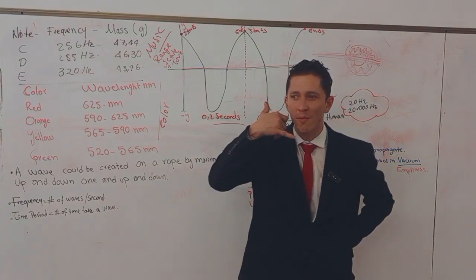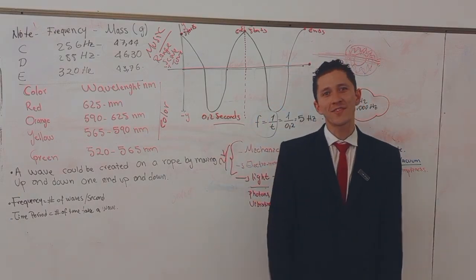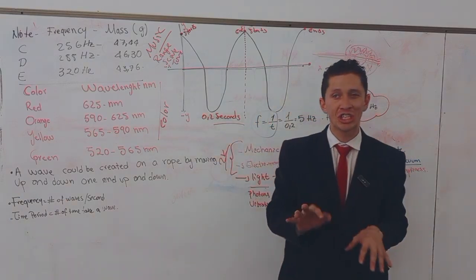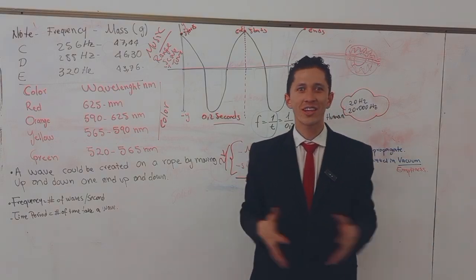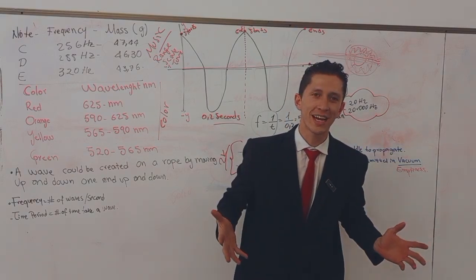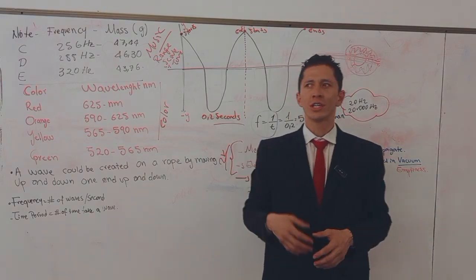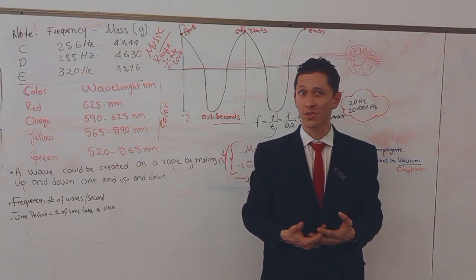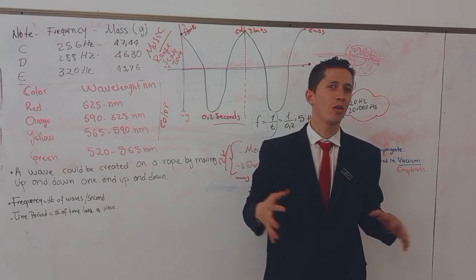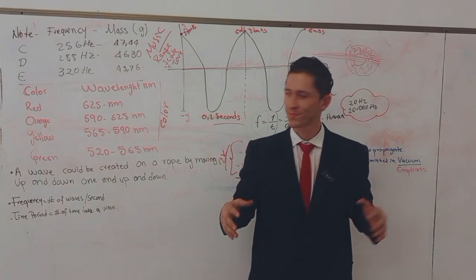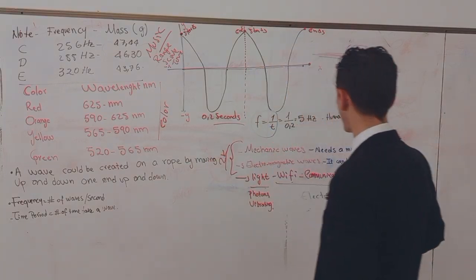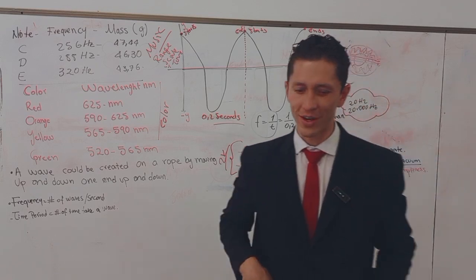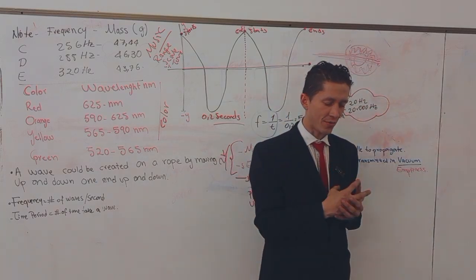When you are calling somebody, electromagnetic waves. When you are using ChatGPT, you are using electromagnetic waves. So the main point here is that there are a lot of electromagnetic waves around you, and all of them have different frequencies.